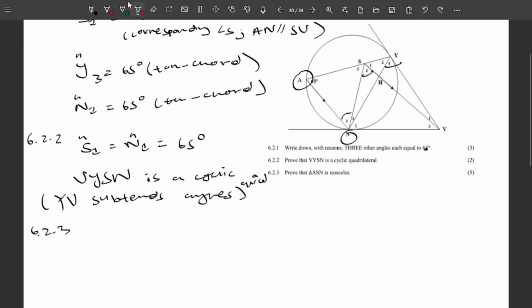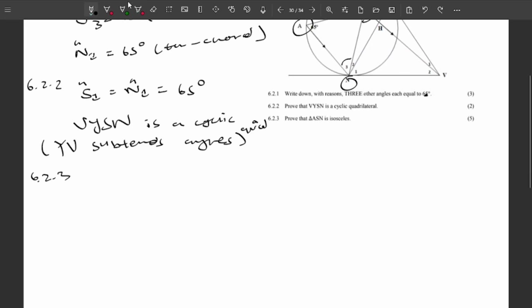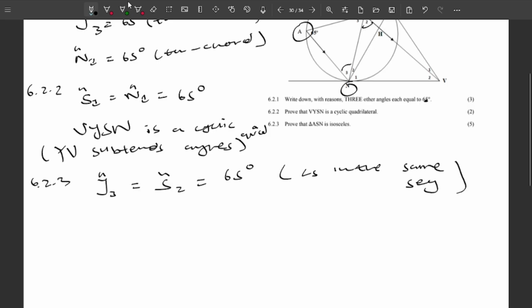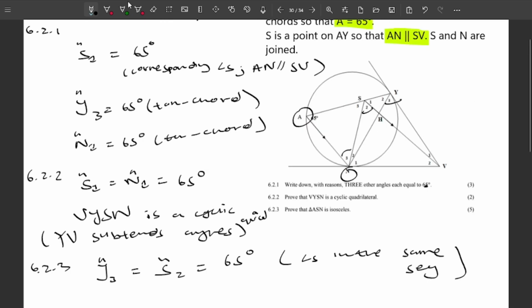So let's write it quickly right now. Let me write down what I said. What I said is angle Y3 is equals to angle S2. So it's 65 degrees. Angles in the same segment. Right? And this and this.